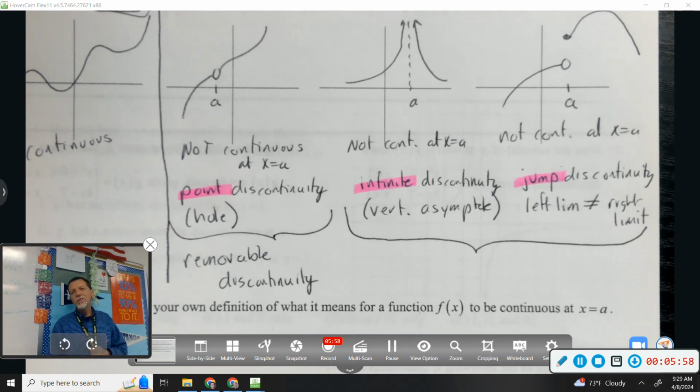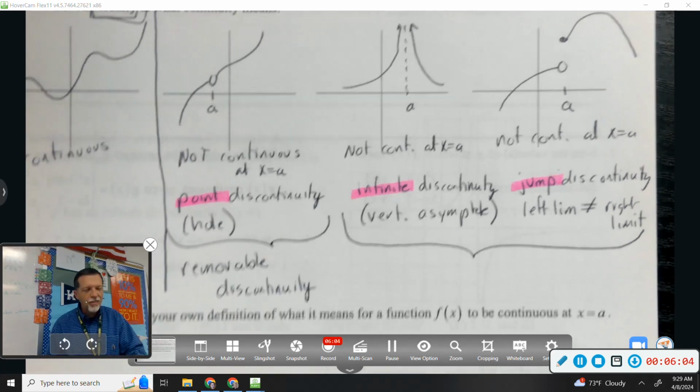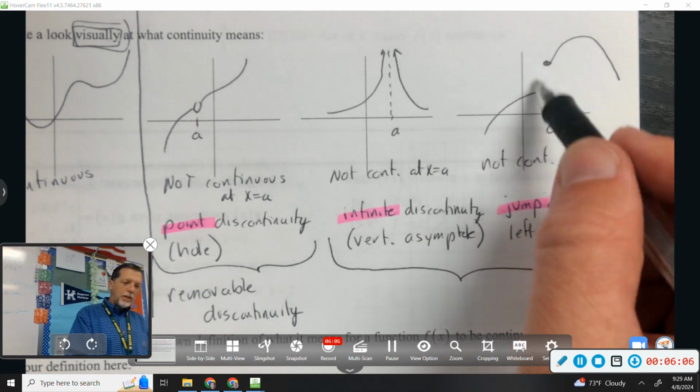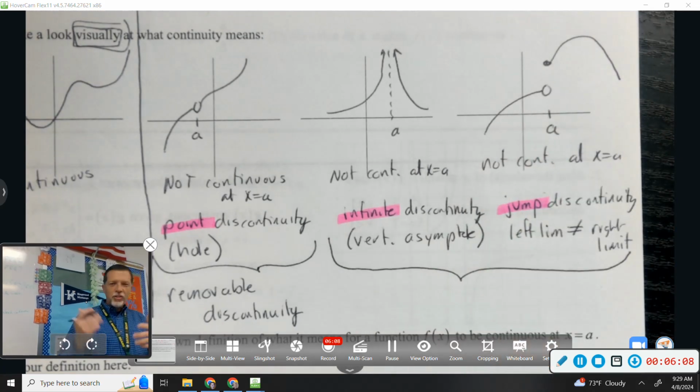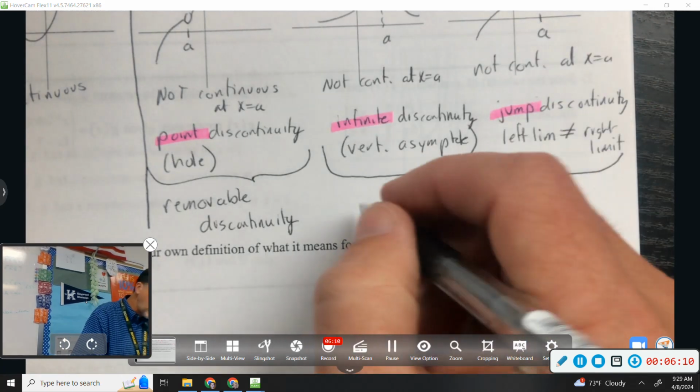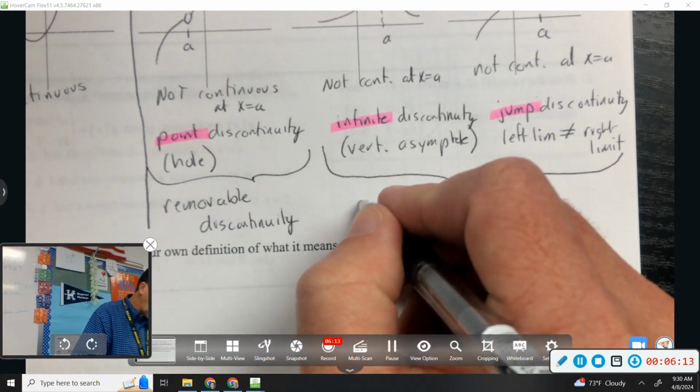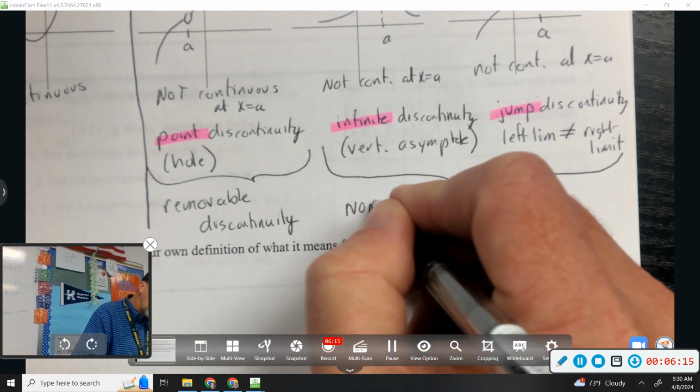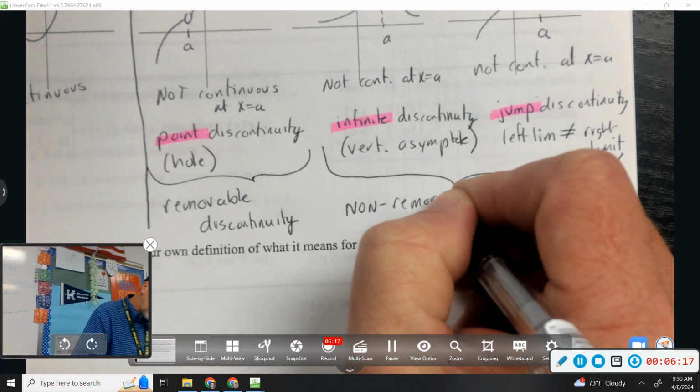The other two, I guess you could fix them, but it would take a major revision of the functions to fix them, right? You couldn't have an asymptote. You'd have to play with this jump thing to make them not have a jump. So that would really be changing the functions. So these are non-removable discontinuities.